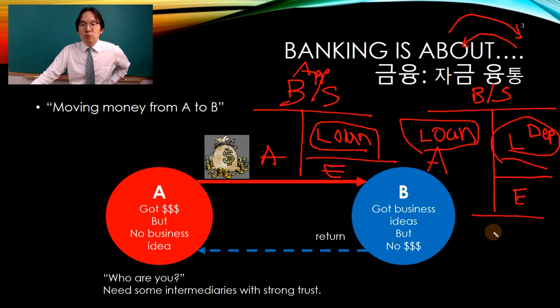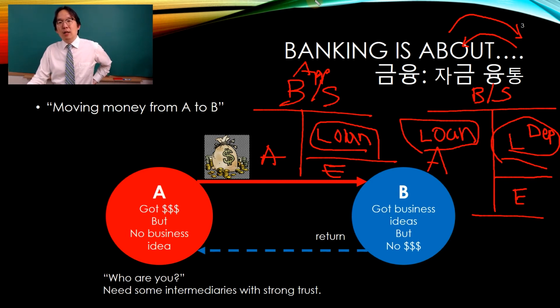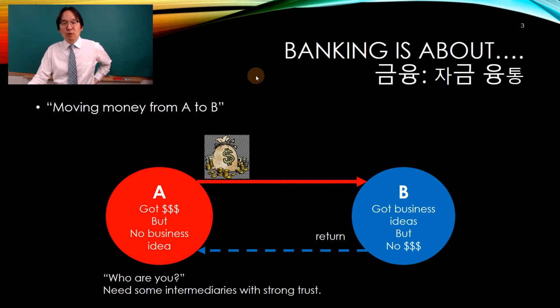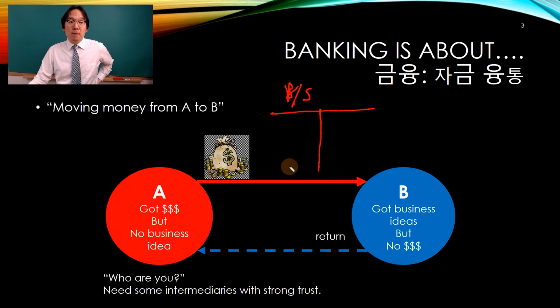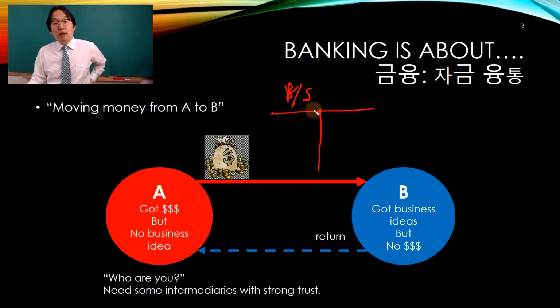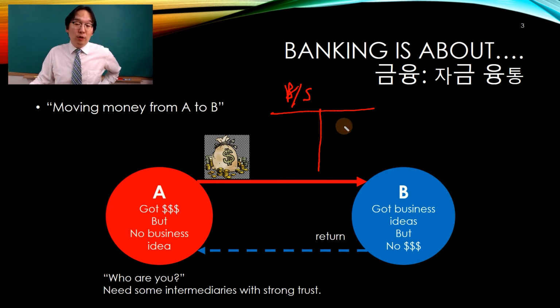Now, what am I trying to say to you here? Let me draw it again over here. The balance sheet of the bank. The thing is, banks like Bank of America or JP Morgan Chase collect deposits from millions of people around the world, right? And equity is over here.